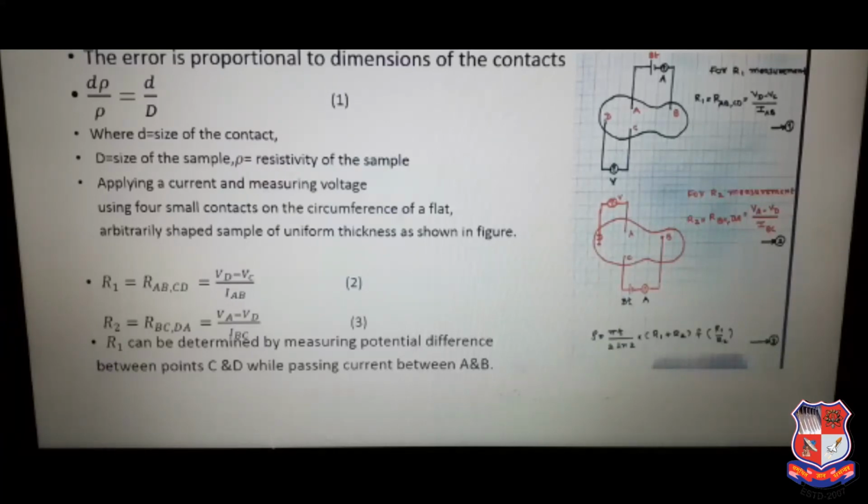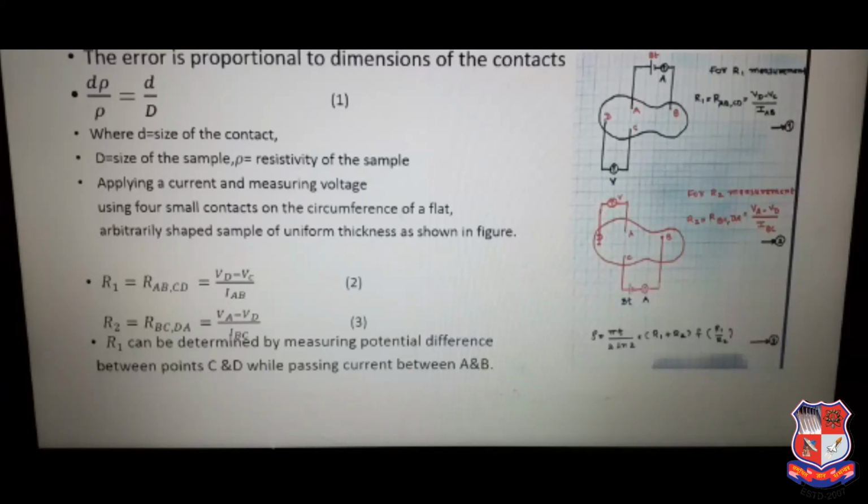Let's call this equation number 1. Similarly, for R2 measurement, we will have the connection of battery and ammeter between B and C, and the voltmeter is going to be connected between points A and D. So the equation becomes R2 is equal to VA minus VD upon I_BC.